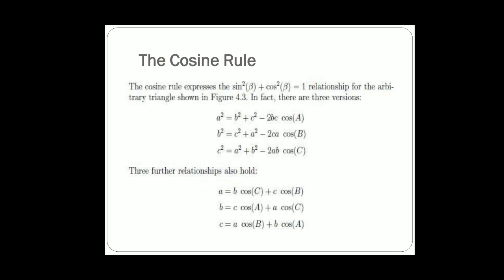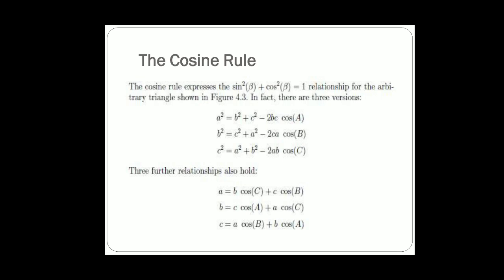So if I combine this relationship with the arbitrary angle, how do I write in three versions? a square is equal to b square plus c square minus 2bc cos A. b square is equal to, if I take b this side, c square plus a square minus 2ca, I am multiplying 2 with both these, 2ca into cos B. c square is equal to a square plus b square minus 2ab into cos C.